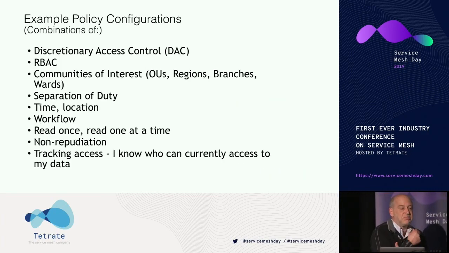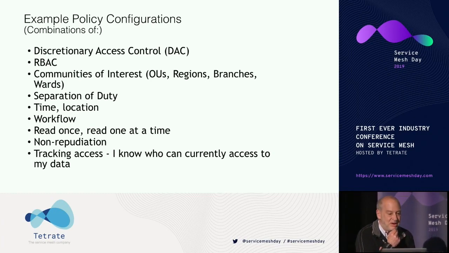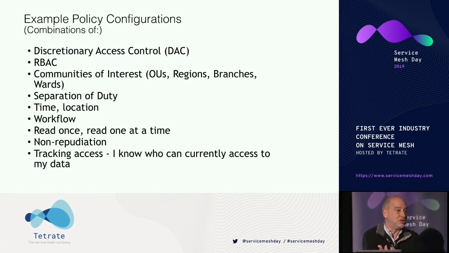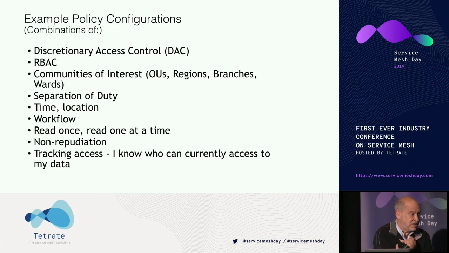So it's impossible to go through every possible policy that we're capable of configuring, but we've demonstrated the ability to do discretionary access control, where users can give away privileges to other users for the objects that they control. We can do role-based access control. We can do combinations of discretionary and role-based access control.